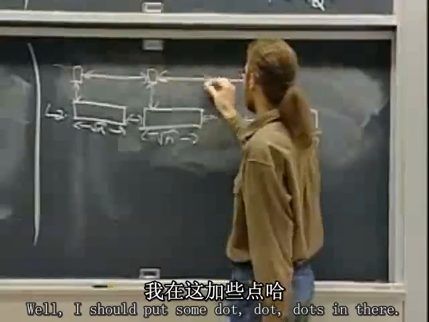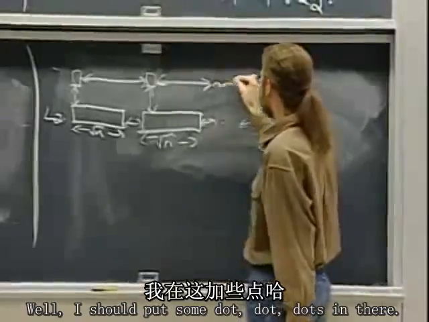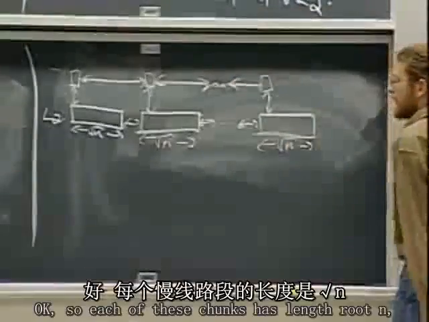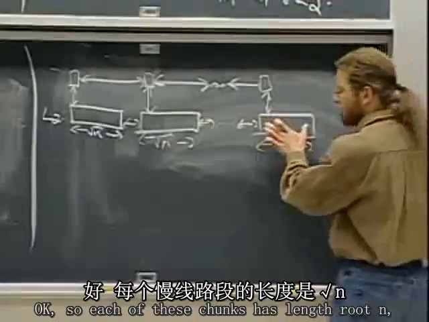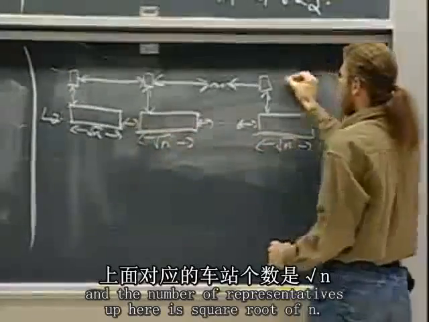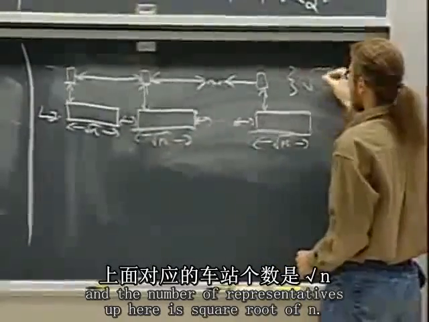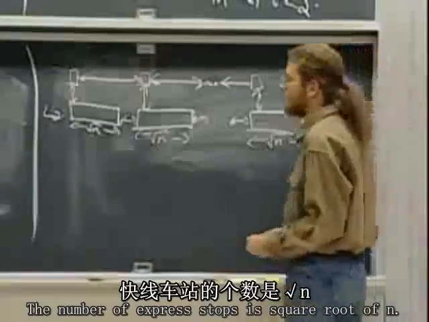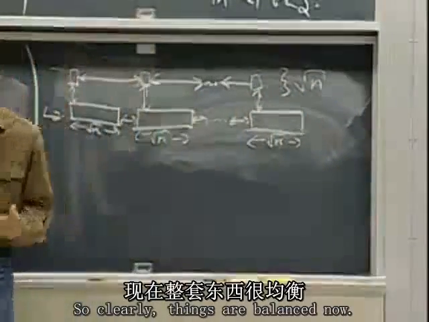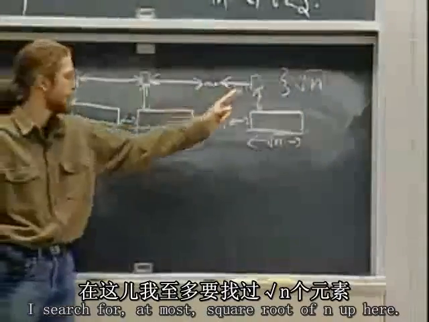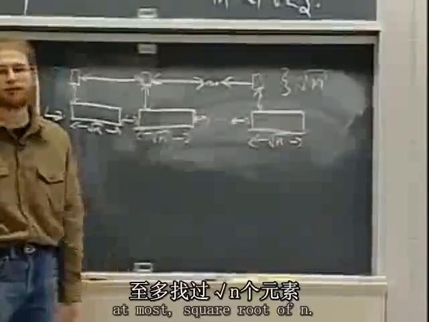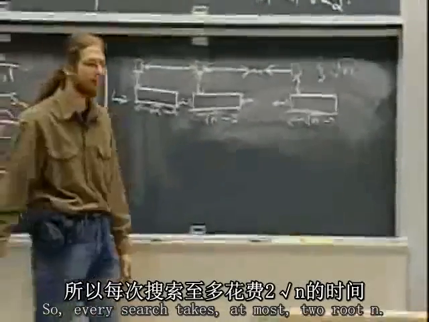Wow, should put some dots in there. Okay, so each of these chunks has length root n, and the number of representatives up here is square root of n. The number of express stops is square root of n. So clearly things are balanced now. I search for at most square root of n up here, then I search in one of these lists for at most square root of n. So every search takes at most 2 root n.